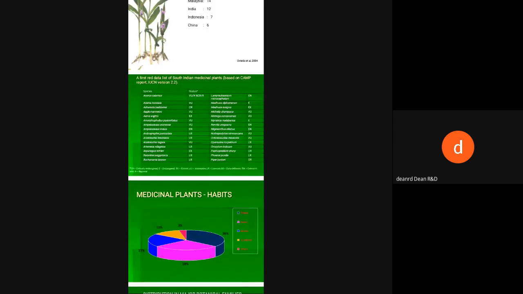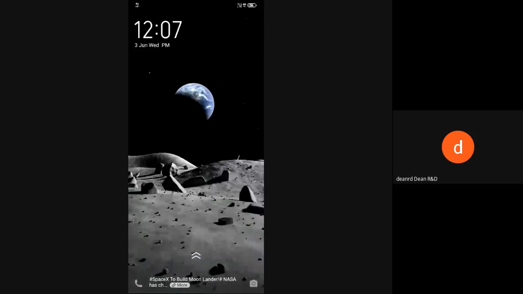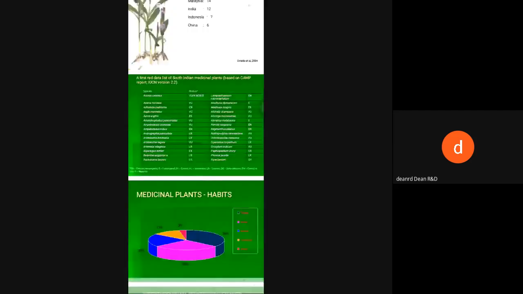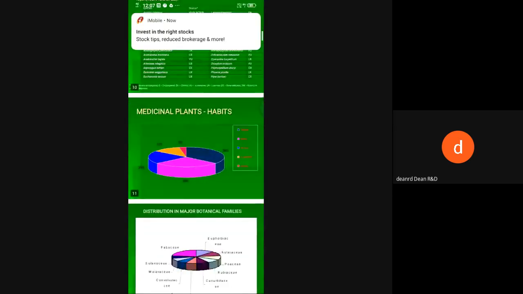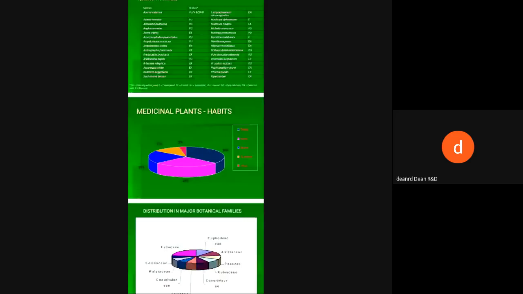In terms of habits, we can have the pie chart of the plant species which are medicinally important. Mostly around 36% are shrubs in nature, and 28% herbs, whereas the trees occupy a range of 21%, followed by the climbers as well as other species.